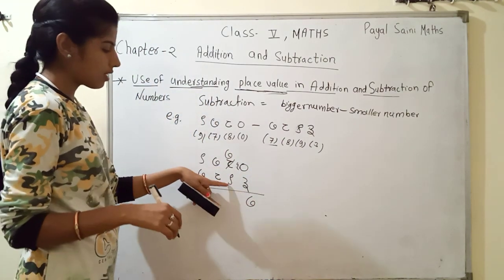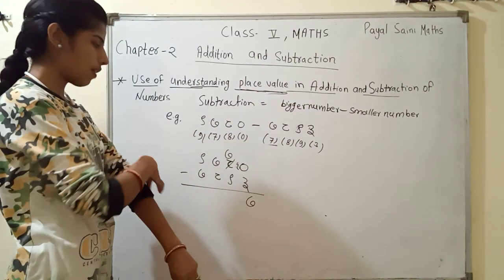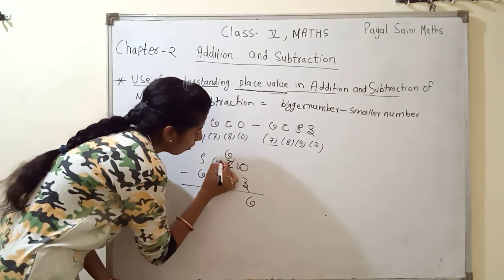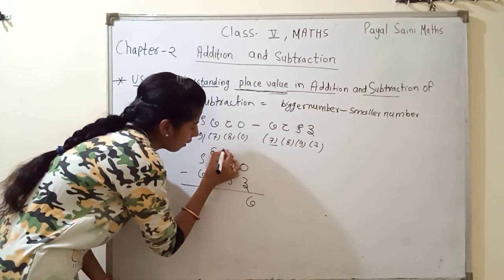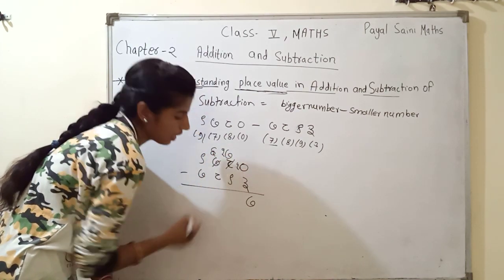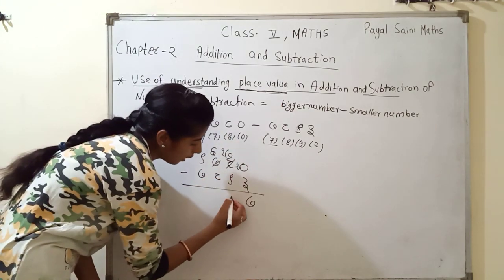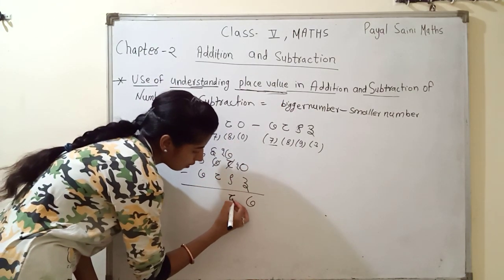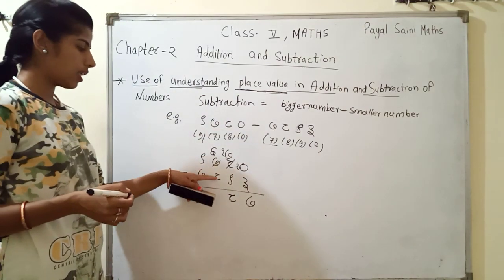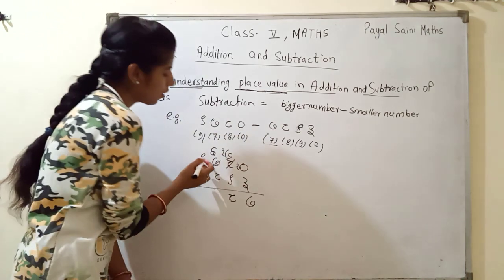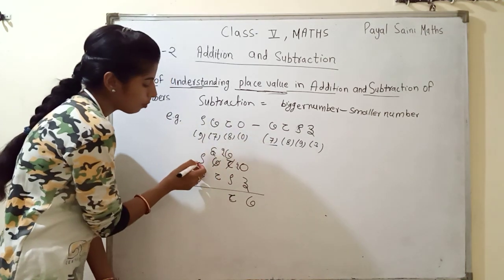Here 7 minus 9 is not possible. Then what do we do? Borrow from the next digit, and here it becomes 17. 17 minus 9 is 8. Now here 6 minus 8 is not possible, then we borrow from 9.